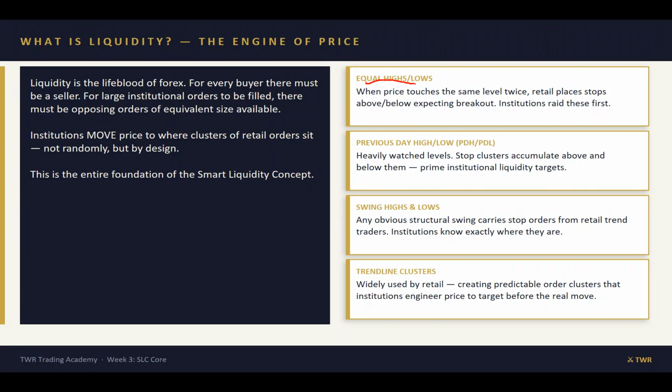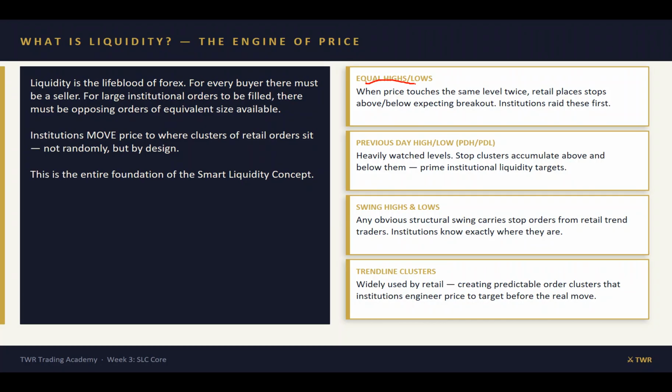When price touches the same level twice, retail traders place stop losses above or below that level, expecting a breakout. Institutions know this and engineer price to take those stop losses before reversing.